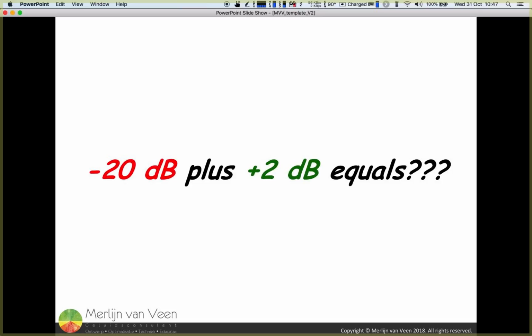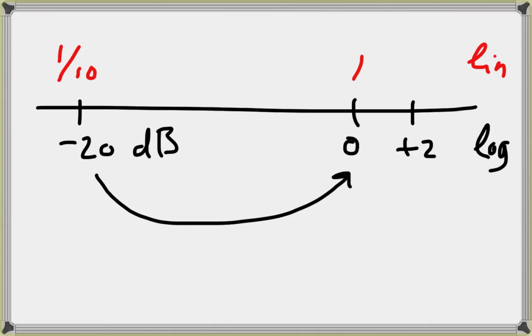So let's finish this video up. We already know from the previous example that if we add minus 20 and 0 decibels together, that is going to be a plus or minus 1 dB difference.